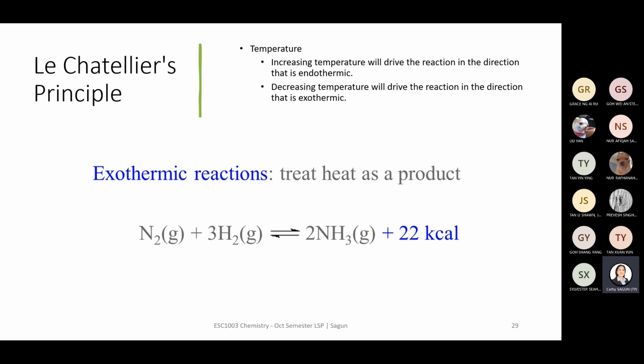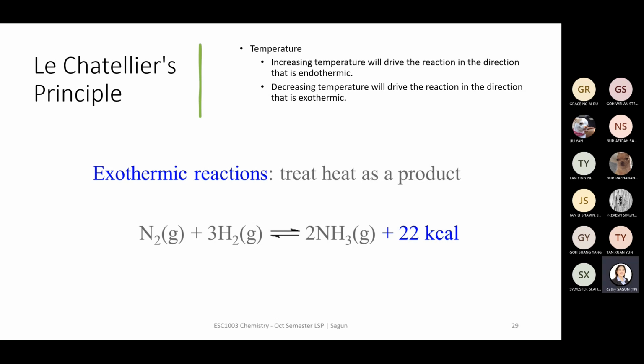And decreasing the temperature will drive the reaction in the direction of exothermic. So it is like saying I added heat at this side. Because remember, when the reaction is exothermic, what happens?